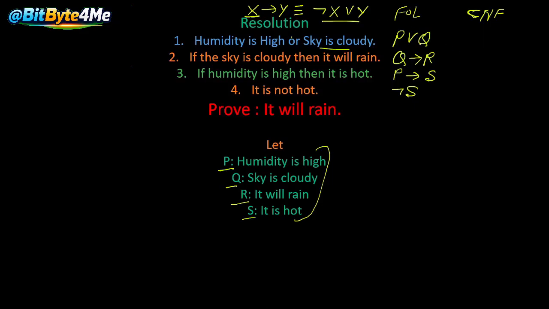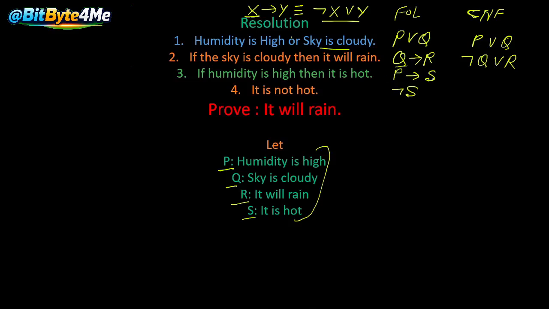P or Q is already in CNF, so we write P or Q. Q implies R has an implies sign, so we negate the first one: not Q or R, second as it is, and in between the sign is OR.